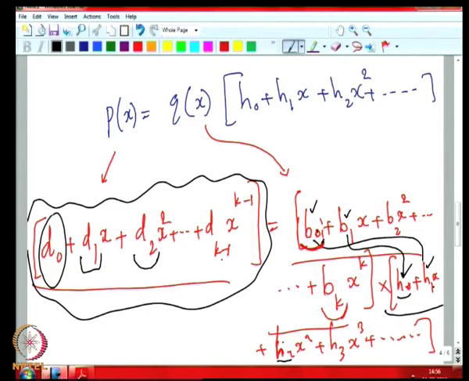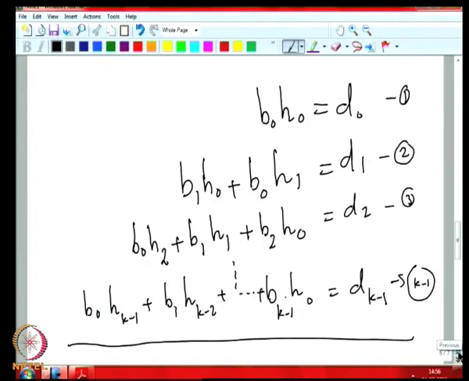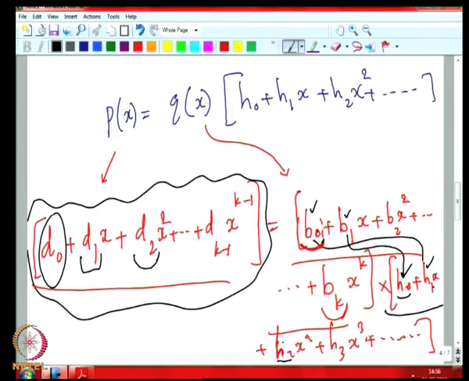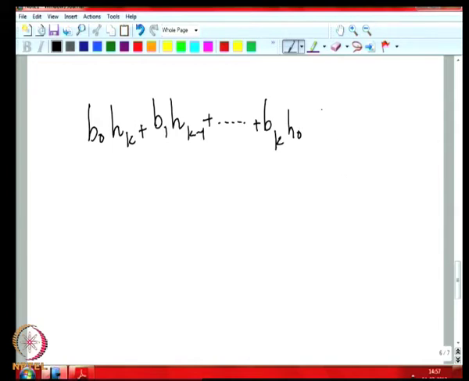So dk has to be 0, right. So this is 0, and now you look for the coefficient of x raised to k from the RHS. From the RHS, b0 will multiply hk and b1 will multiply hk minus 1 and so on. That is the way we get b0 hk plus b1 hk minus 1 plus like that, up to bk h0, and this will be equal to 0. This is what we get.